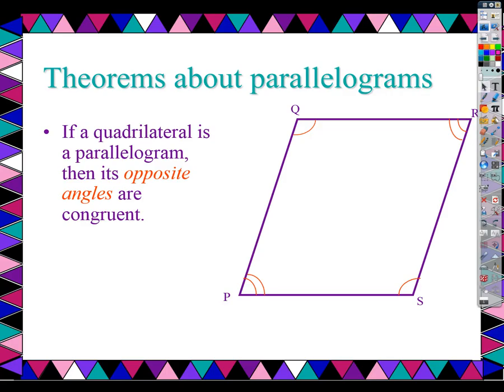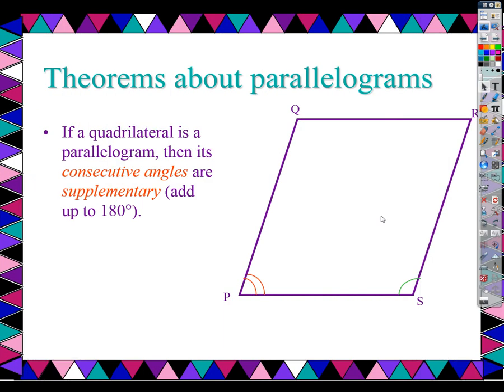Something else that's true about the angles: if the quadrilateral is a parallelogram, then not only are opposite angles congruent, but consecutive angles have a property too. What does the word consecutive mean in this case?